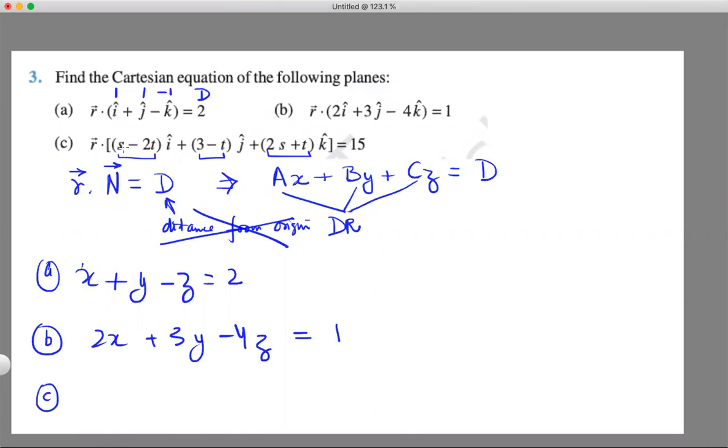We should not get confused by this. Here S and T are just parameters. So we will just say (S minus 2T)x plus (3 minus T)y plus (2S plus T)z is equal to 50.